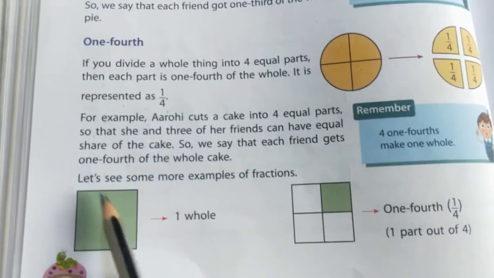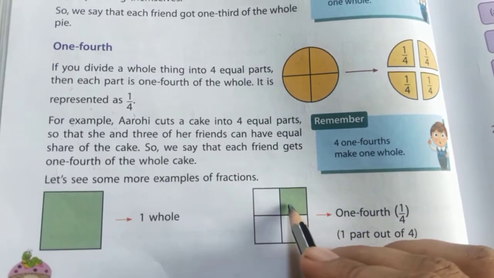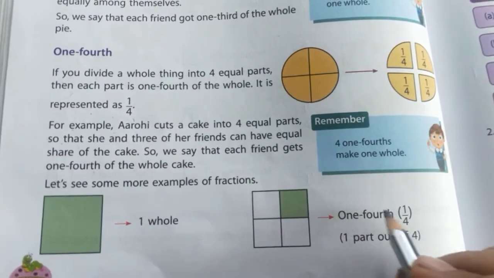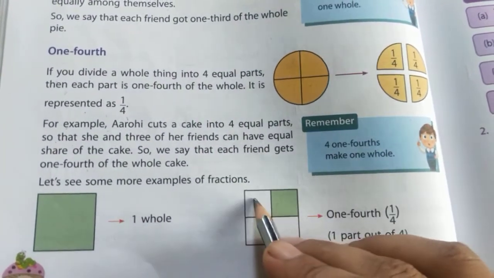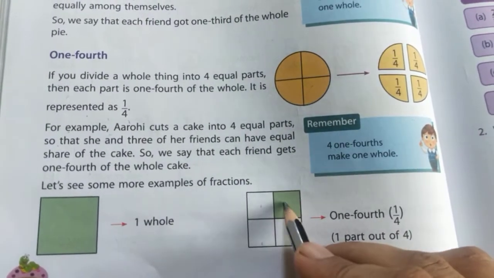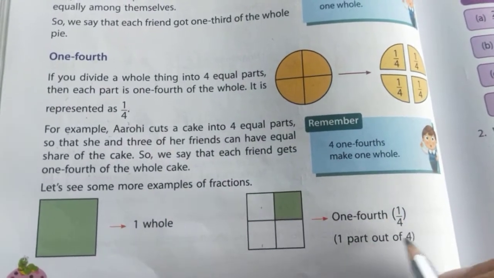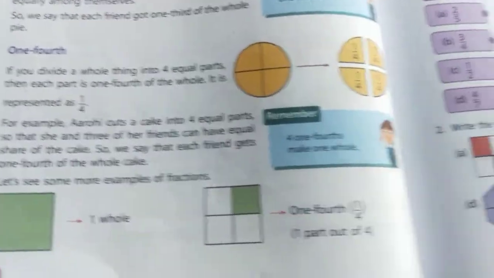Now you can see this is one whole and one part is shaded here. There are four equal parts and one part is shaded, so this is 1 fourth.